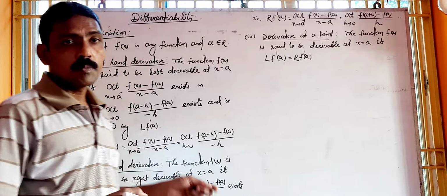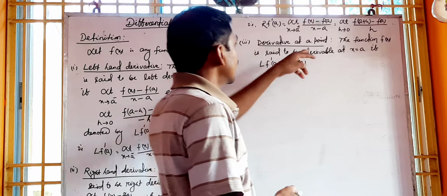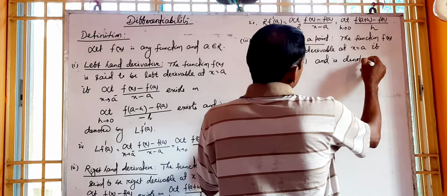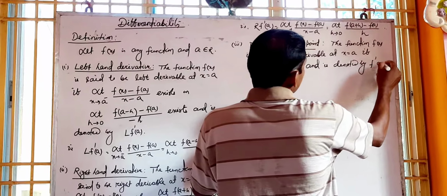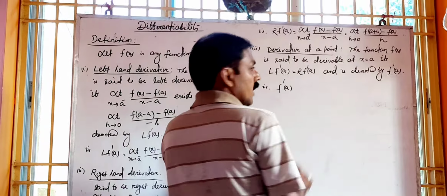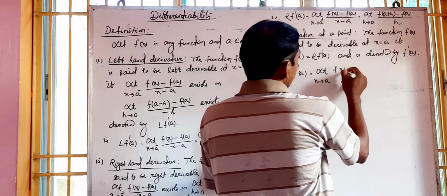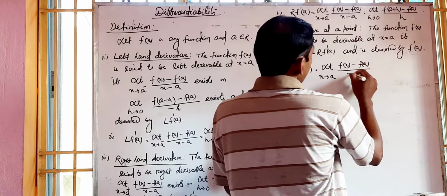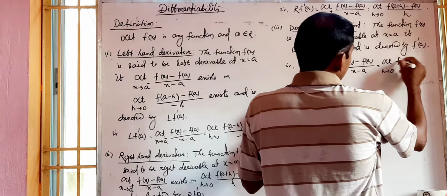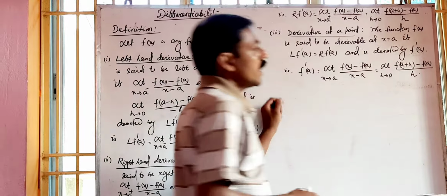That means if both left hand and right hand derivatives are equal, then it is said to be derivable, and it is denoted simply by f dash of a, that is, f dash of a equals either the limit as x tends to a of f of x minus f of a by x minus a, or the same as the limit as h tends to 0 of f of a plus h minus f of a, whole divided by h.